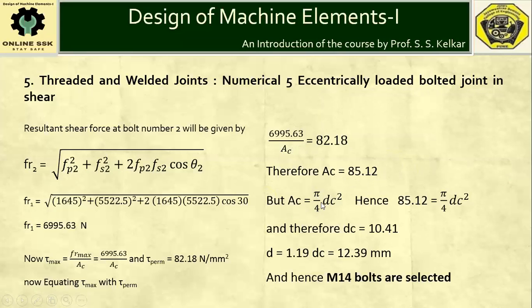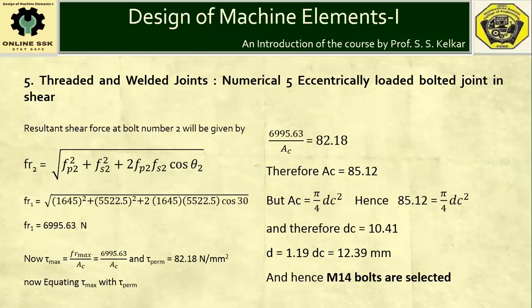But AC is equal to pi by 4 DC square. Therefore, one can calculate DC, the value of core diameter, which happens to be equal to 10.41 millimeters. Multiplying DC by 1.19 or dividing DC by 0.84, one can calculate D, the nominal diameter of the bolt required for this particular assembly. So in this case, it is 12.39.